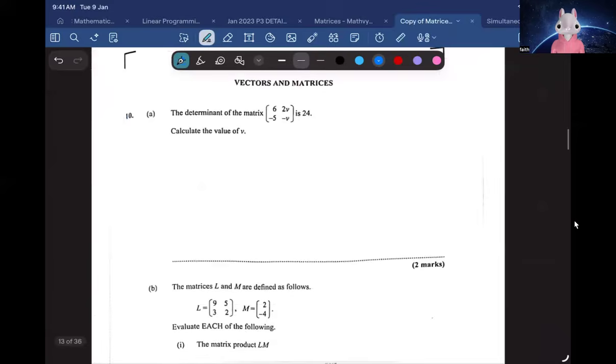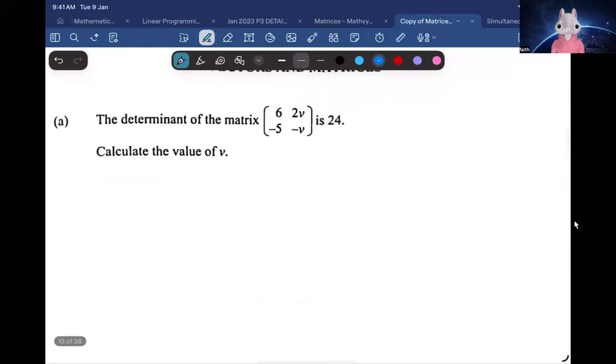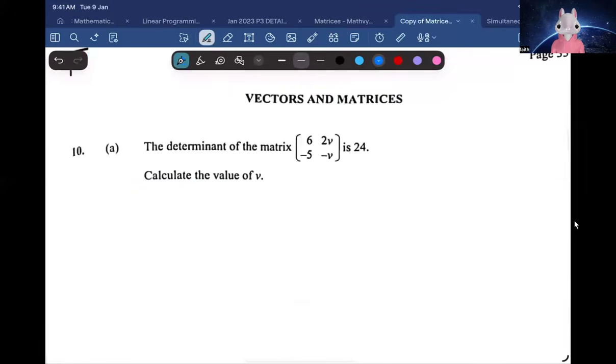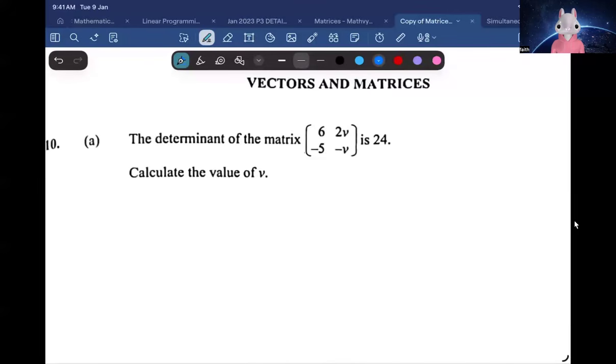Possible question time. The determinant of the matrix 6, 2v, -5, -v is 24. Calculate the value of v. First things first, they're telling us the determinant is equal to 24. Do you remember how to find the determinant?